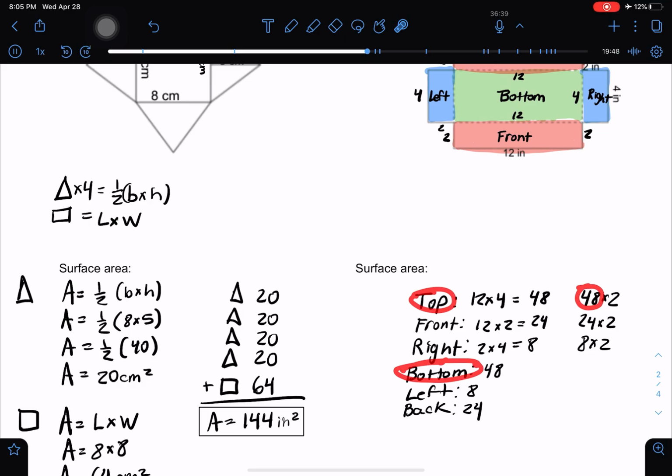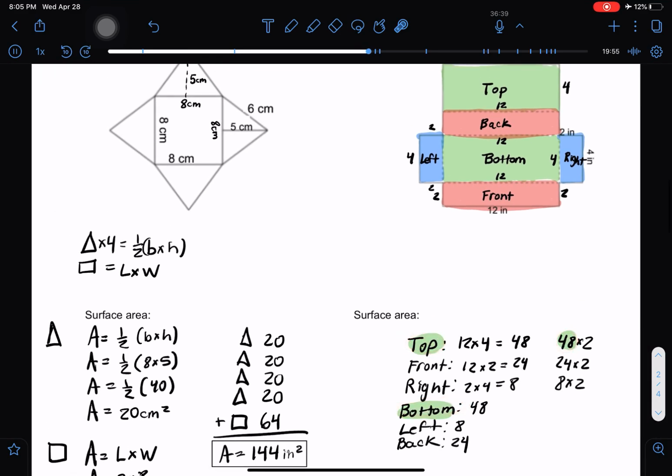Let's go with green. We have our top and bottom. We have our front and back. Last but not least, we have our right and left. And again, this is times 2 because there are 2 of each.